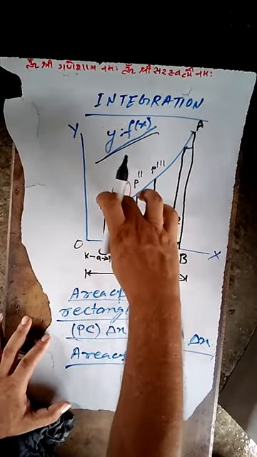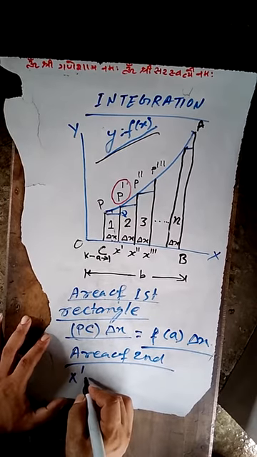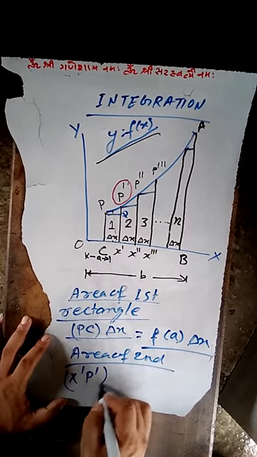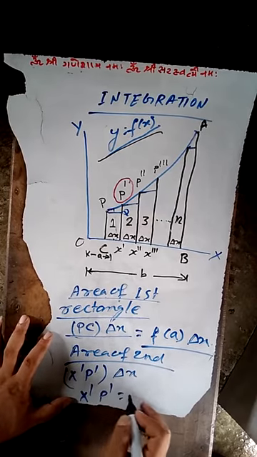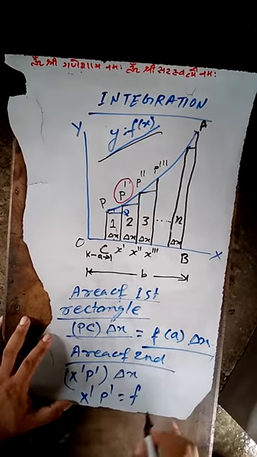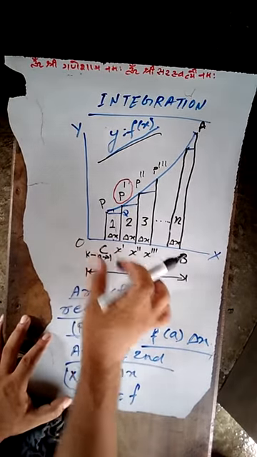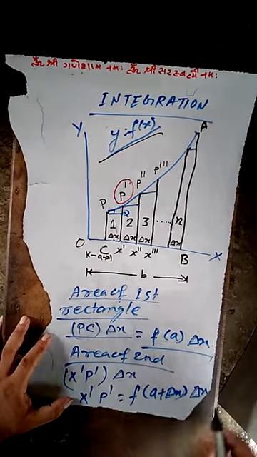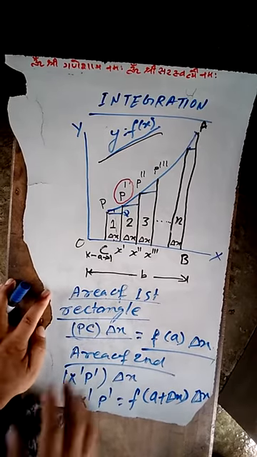This value is x prime p prime into delta x, and x prime p prime is f of what? Up to here it is a, so f of a plus delta x into delta x. Likewise you can find the area of the second, and likewise you can find the total area.